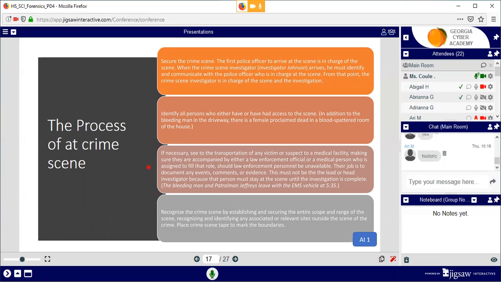Then we transport any victims to the medical facility, and someone accompanies them. That person cannot be the lead investigator because they have to stay at the crime scene. Then we really mark out the entire scope and range of the crime scene, and cordon it off with crime scene tape.